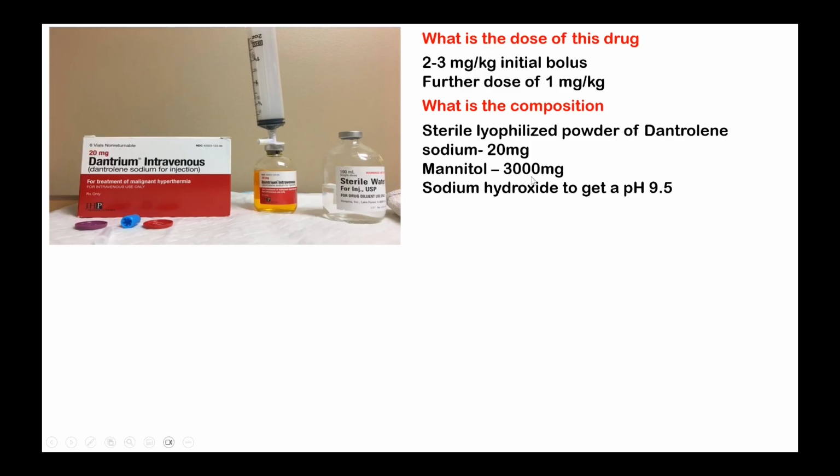It has mannitol, 3 grams or 3000 milligrams, and sodium hydroxide to get a pH of 9.5. Is 9.5 alkaline or acidic? Alkaline, severely alkaline. Extravasation can produce tissue necrosis. What is the purpose of mannitol in this?